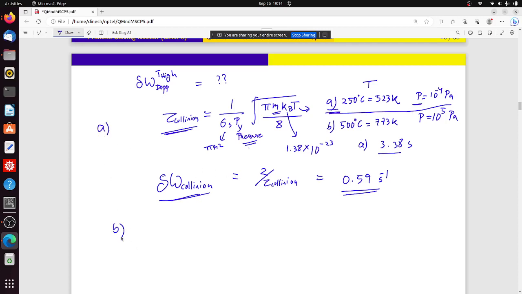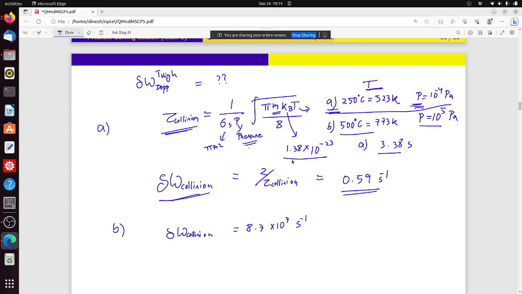So this is for case A. Similarly for case B, that means high pressure and high temperature, if you calculate this delta omega collision, you will get this value to be 8.7 times 10 to the 7 seconds. I am not doing all this calculation, you just verify. I gave you all the values, temperature and pressure.